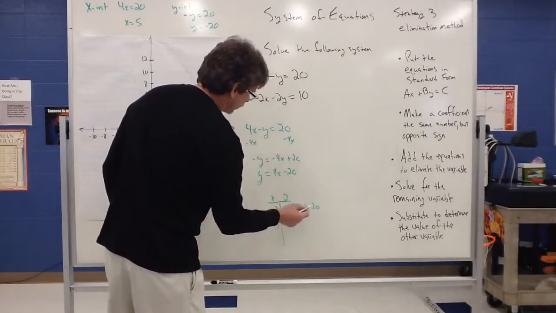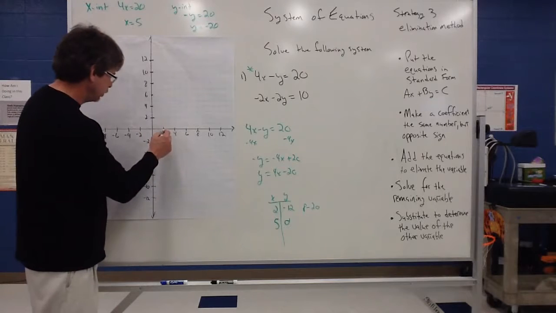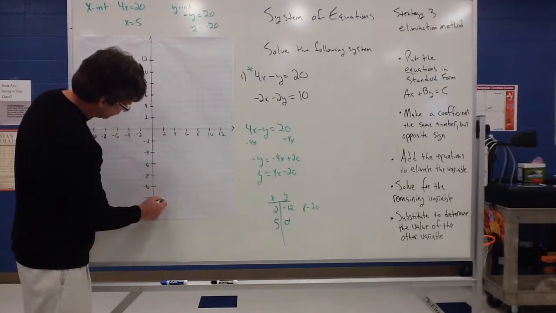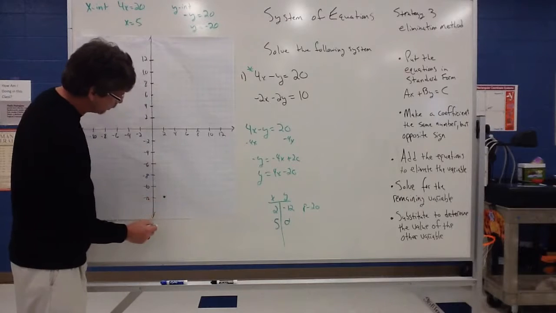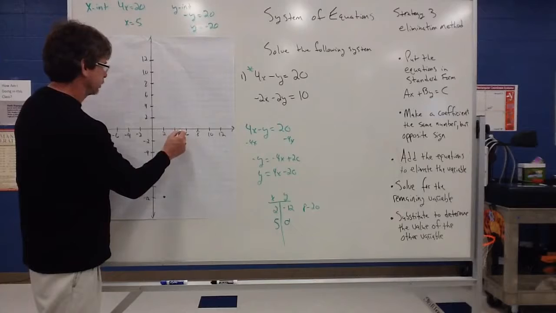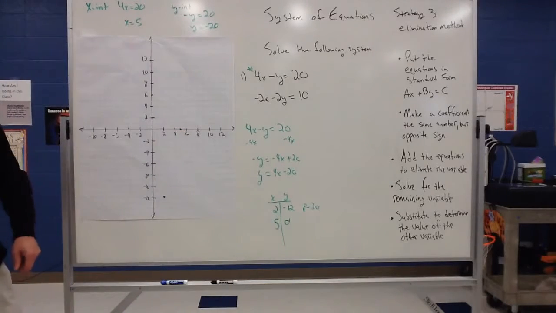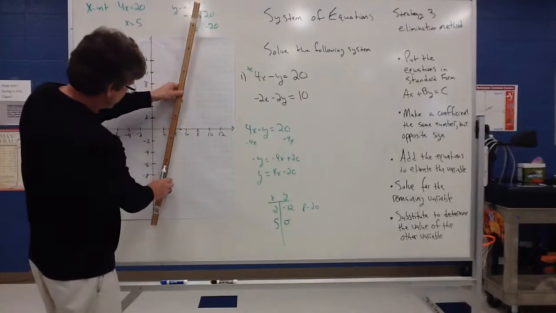So if x is 5, then I'm going to get 0 for y. So let's use those ordered pairs. So I get 2, negative 12. So you can kind of see some of the downsides of graphing. And then I have a 5, 0. So those are going to be my points that I can now use to graph the line.